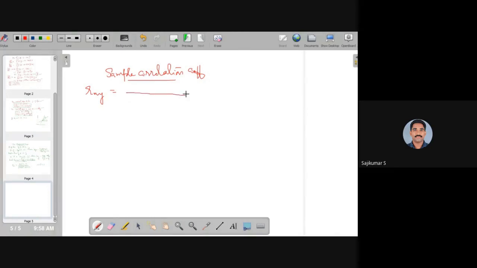Okay, so we can use the symbol, suppose Sxy is the sample covariance, and variance of x is denoted by the symbol Sxx, and variance of y is Syy. So this is the definition for computation of the sample correlation coefficient.